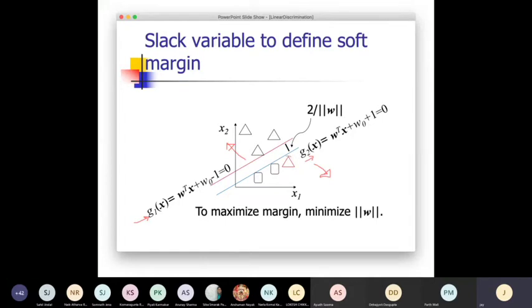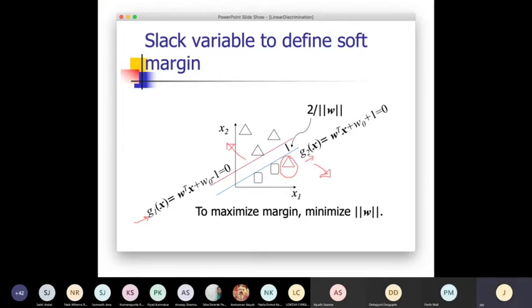But this sample will not satisfy that condition. Some of these samples will not satisfy it, because if you insisted on satisfying it, you won't get a solution. So you are allowing some samples not to satisfy it. You are giving tolerances, but trying to keep that number as small as possible.